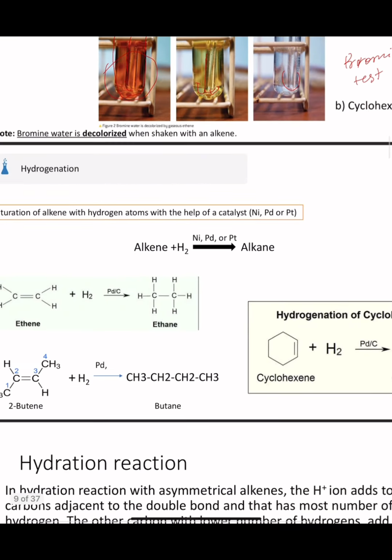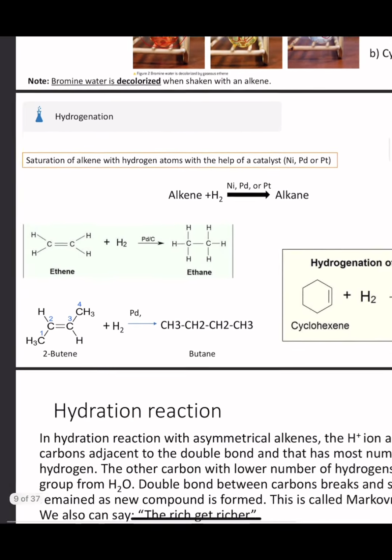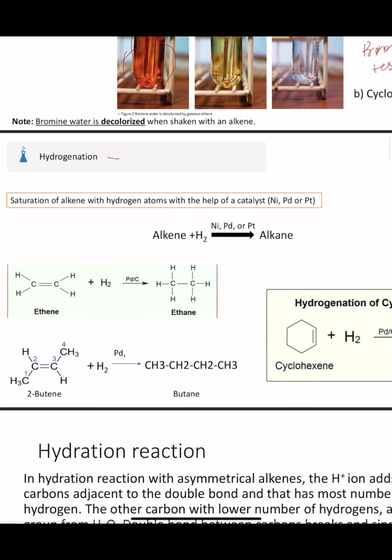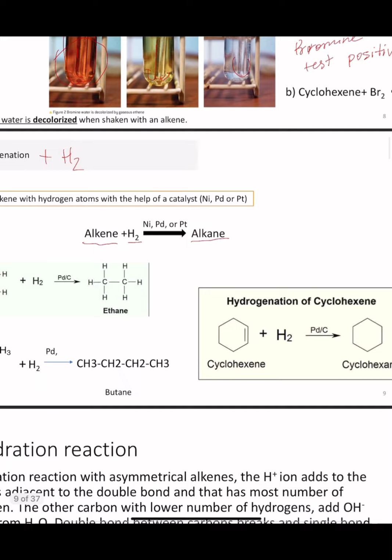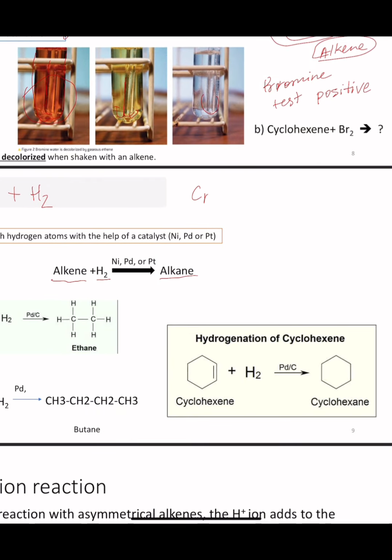Okay, now we're going to talk about hydrogenation, addition of hydrogen. Hydrogenation. I emphasize this a lot. So when you have an alkene and you add hydrogen to it, you will get an alkane. For example, the molecular formula of an alkene is CnH2n. And when you add hydrogen to it, look at what happens. The formula becomes CnH2n+2.